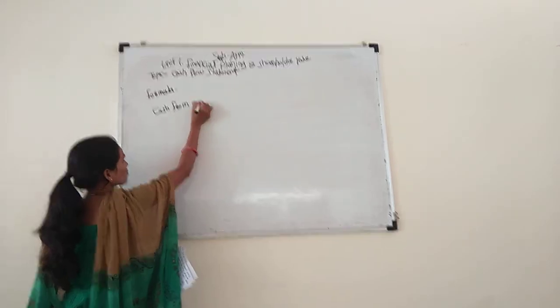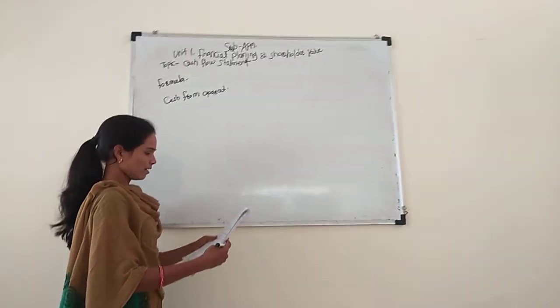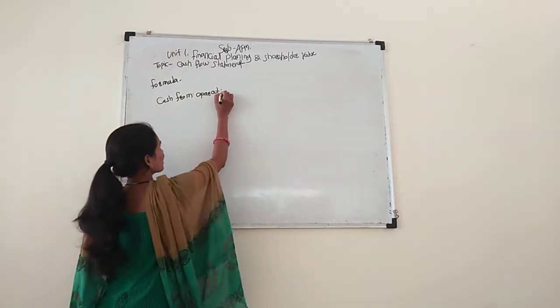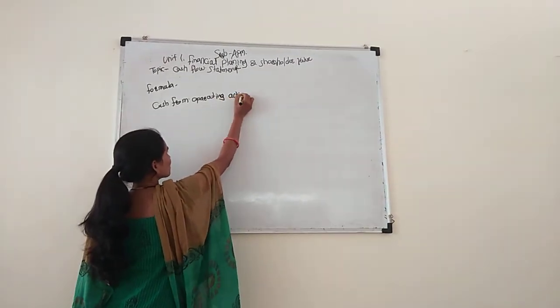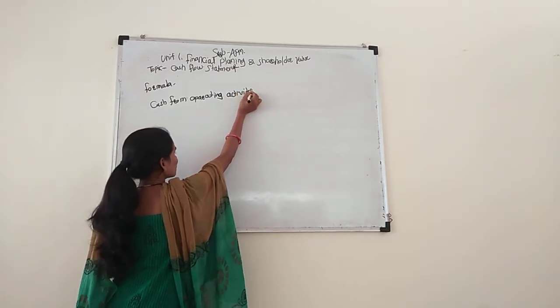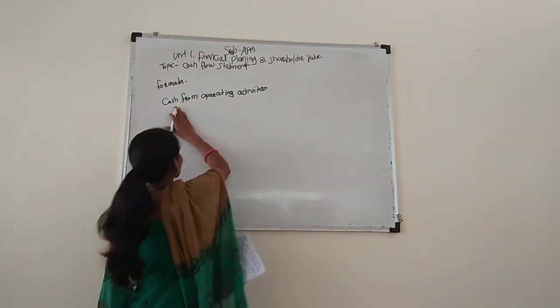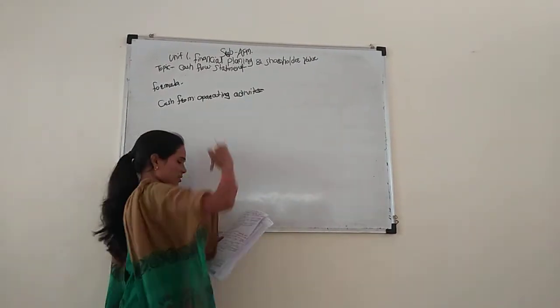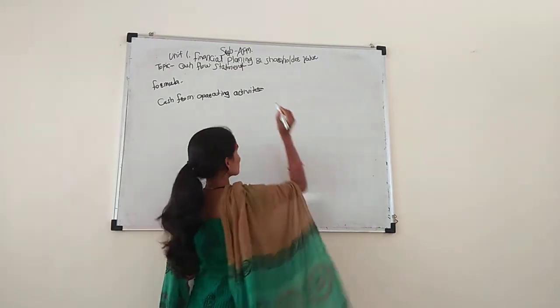The formula: cash from operating activity is equal to operating profit before working capital changes.